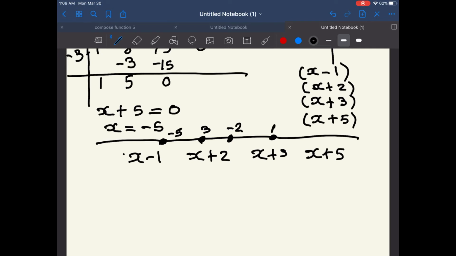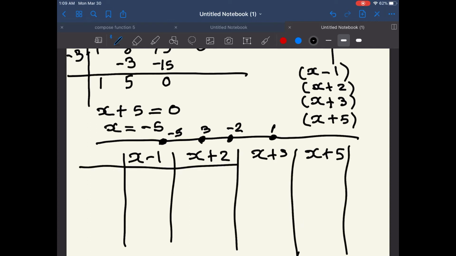Then I have five intervals. I'm going to write the intervals. Negative infinity to negative 5, included because it's zero. Another is negative 5 to negative 3.